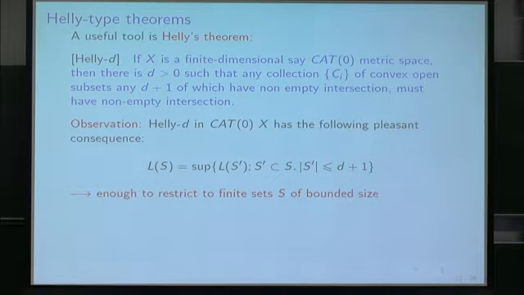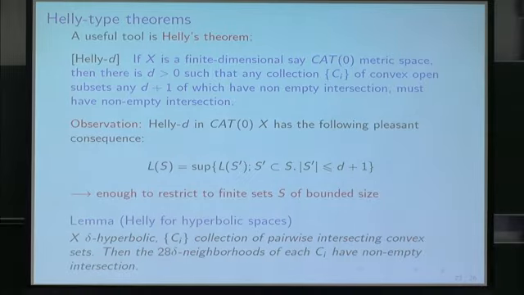Indeed, the set of points that are moved less than something by an isometry is a convex set in a CAT(0) space, so it's an intersection of convex sets. That's very useful because even if you start with a very large finite set S, you can always reduce to a subset of bounded size.